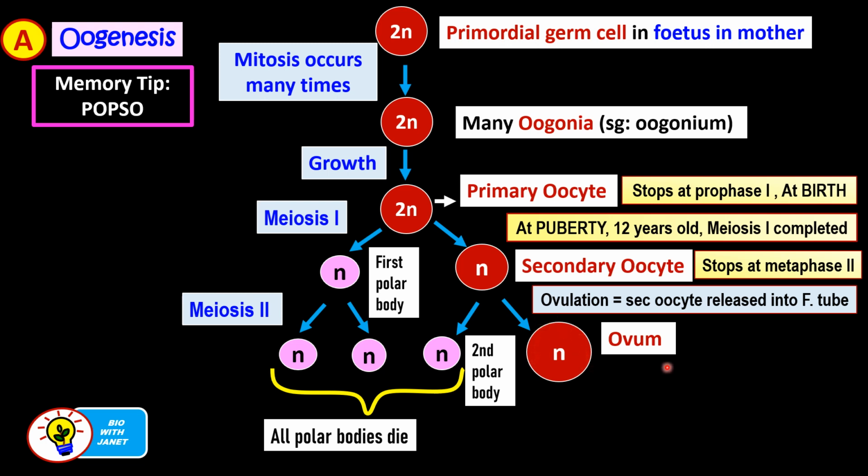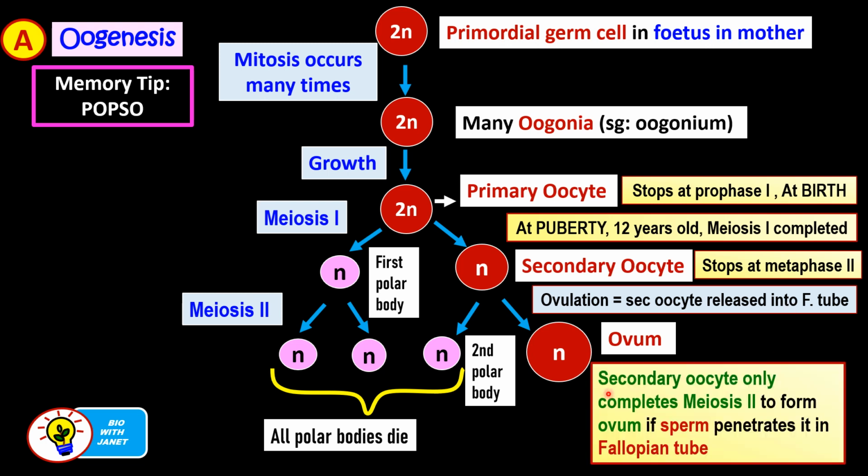So this is the female gamete, right? That's matured. Now, this only occurs if a sperm penetrates the secondary oocyte in the fallopian tube, then only the ovum is formed, all right?